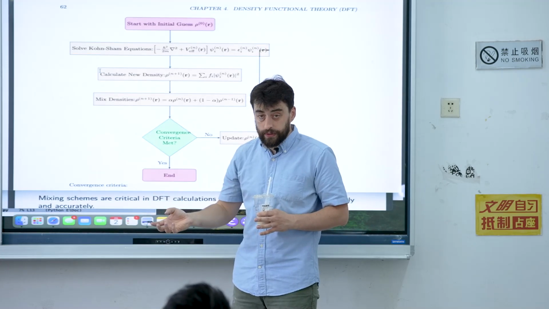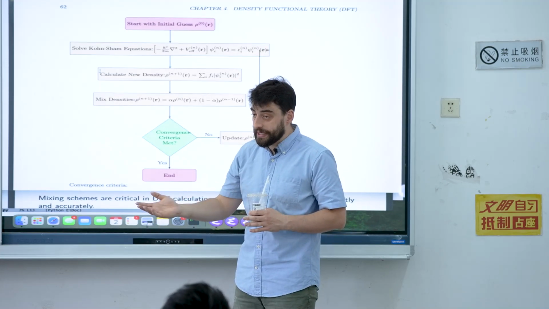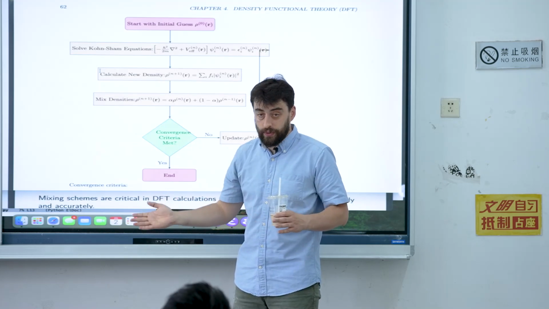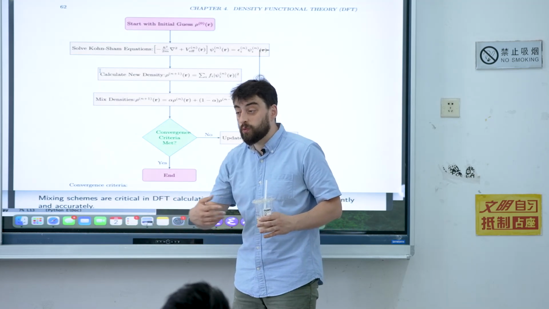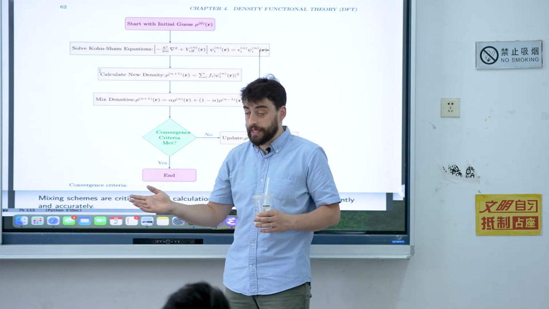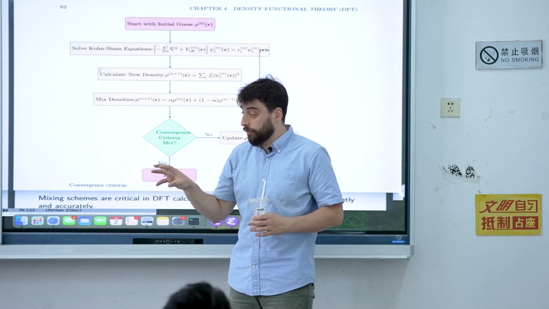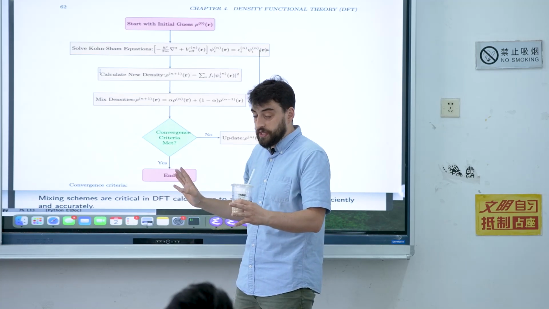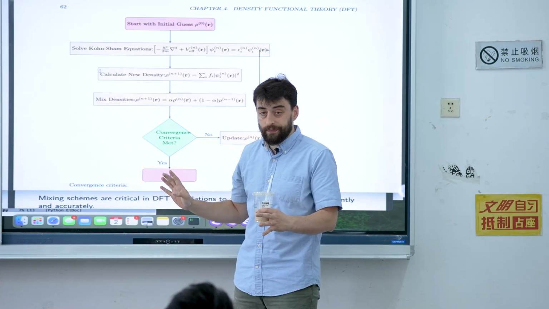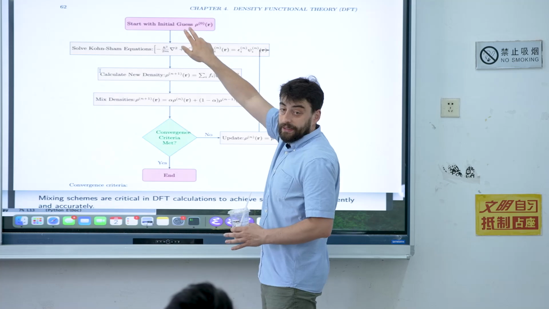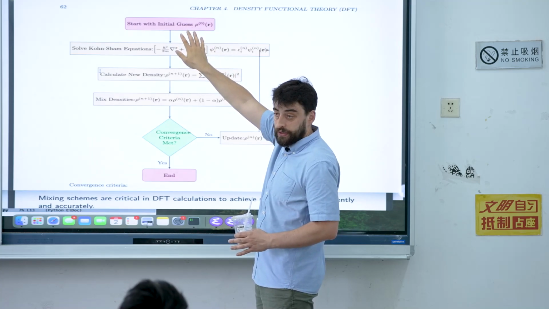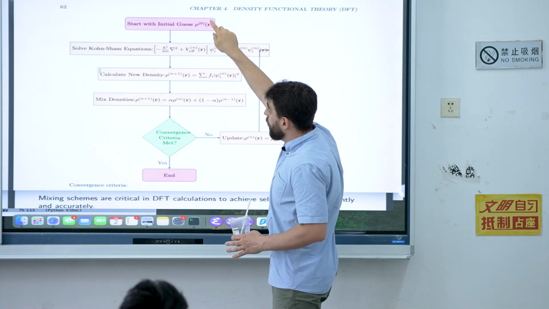I can say I'm going to have a density which is just, on average, 12 electrons everywhere. Or I can just put random numbers into my density and normalize it to 12. It's a box with 12 electrons in it. It's a guess. We don't care what it is. It can be anything, so long as it has the right number of electrons.